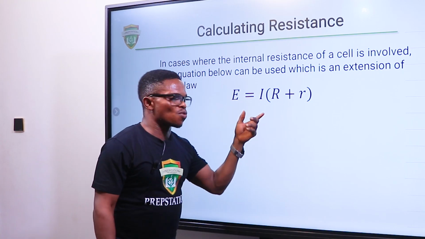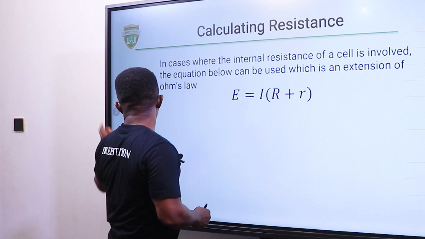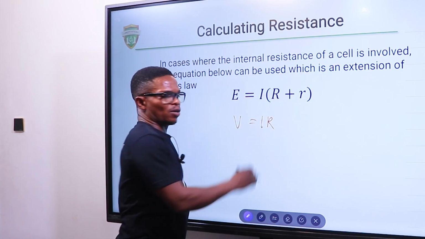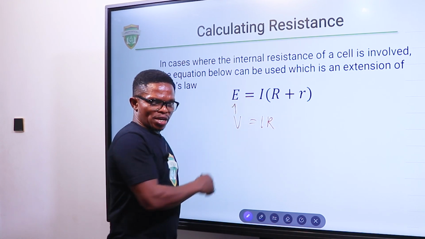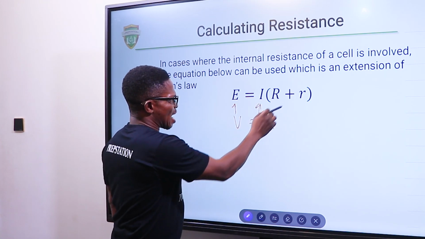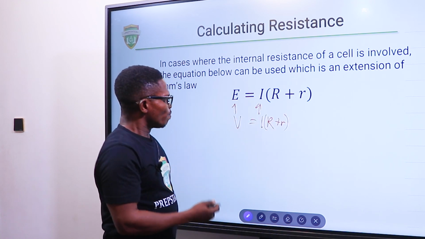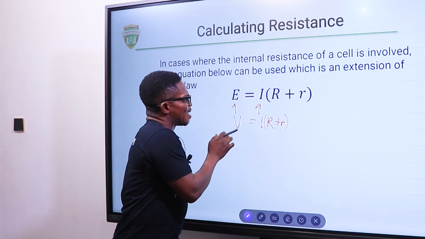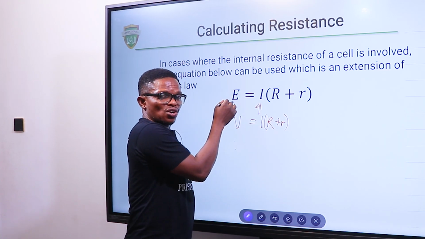So this equation I'm about to show you now is an extension of Ohm's law. That is E equals I into R plus r. Now, what's the difference? Remember the first formula was V equals IR. V has changed to E, I still maintains its position, but we have an additional r coming in. Whenever you have this, the potential difference here refers to the total potential difference of the battery or the cell.